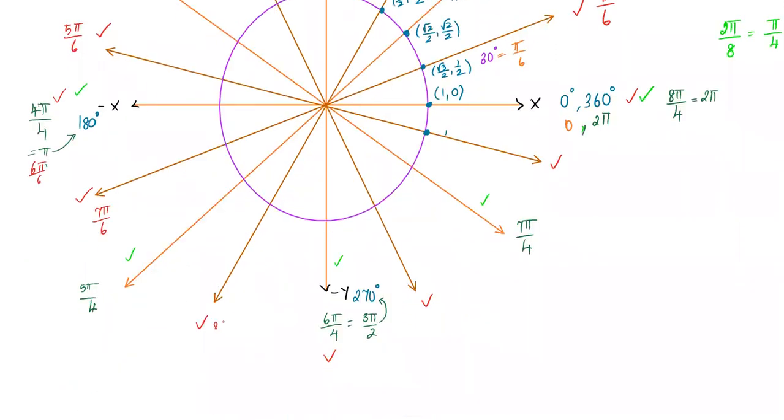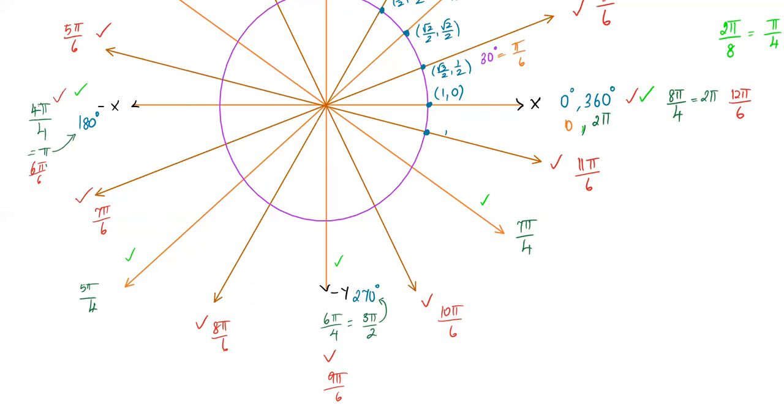Skip this. 8 pi over 6, 9 pi over 6, 10 pi over 6. Skip this. 11 pi over 6. Let me write that again. 11 pi over 6. And then back here to 12 pi over 6.